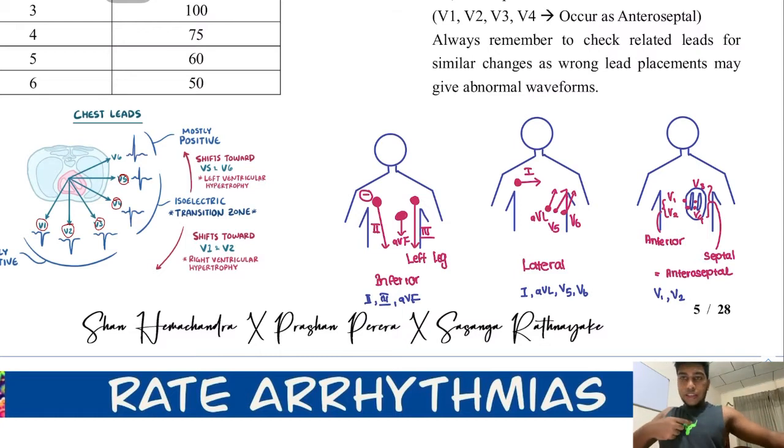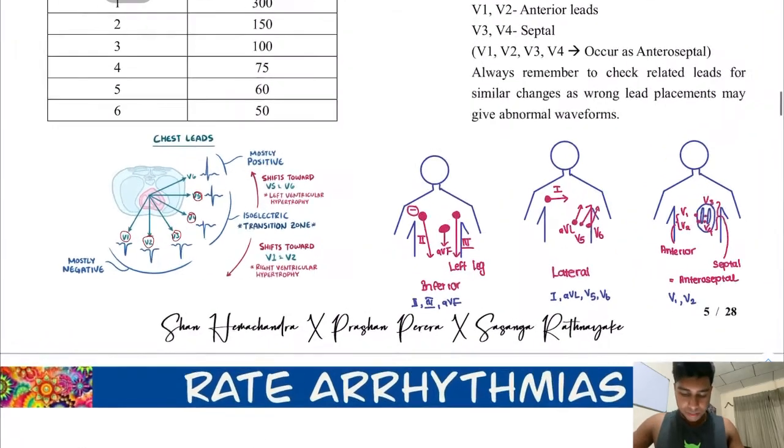Okay? So you can see V1, 2, 3, 4, 5 and 6. So what does V1 and V2 tell you about? The right side of the heart. Okay, remember that. V3, V4, the septum, and V5, V6 tells you about the left side of the heart. Okay, basic anatomy just related to that.